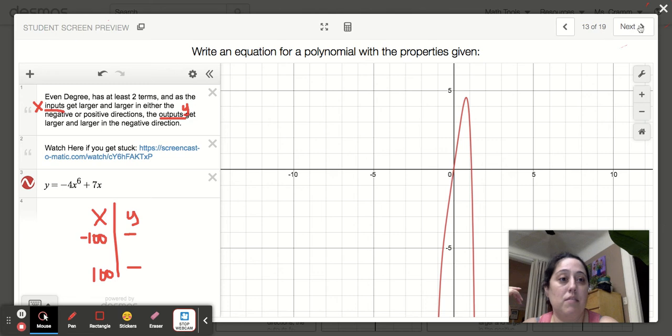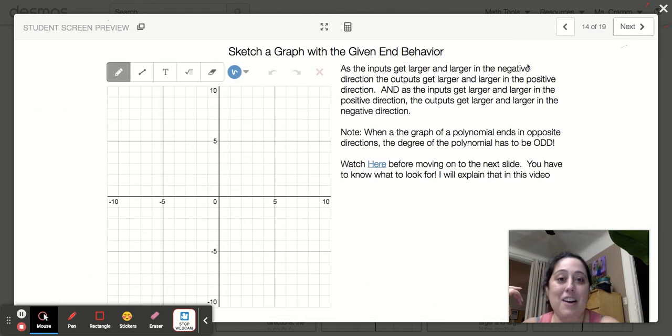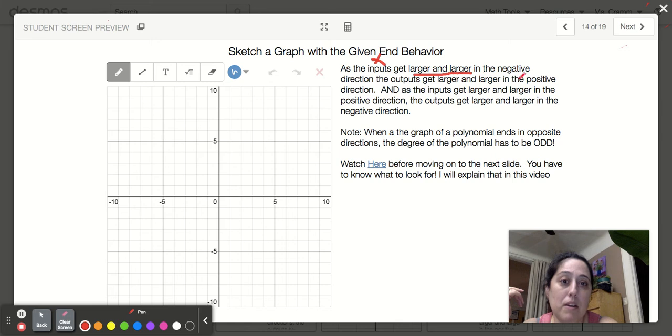Let's go to slide 14. Again, as the inputs, the x values, get larger and larger in the negative direction, I'm just randomly picking a big negative number, and the outputs, the y values, get larger and larger in the positive direction.